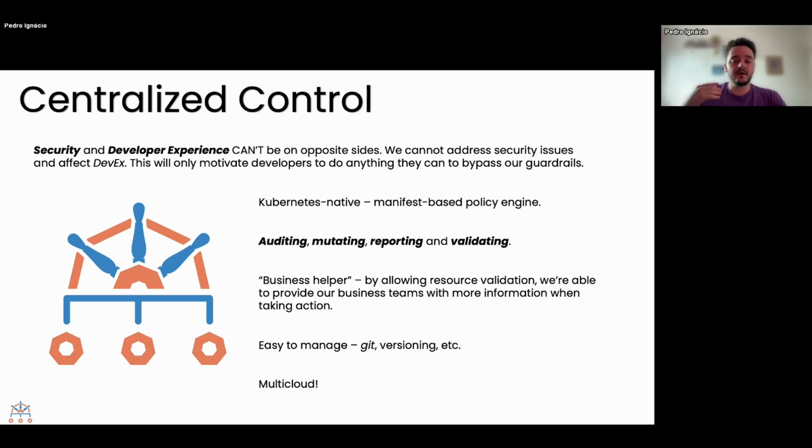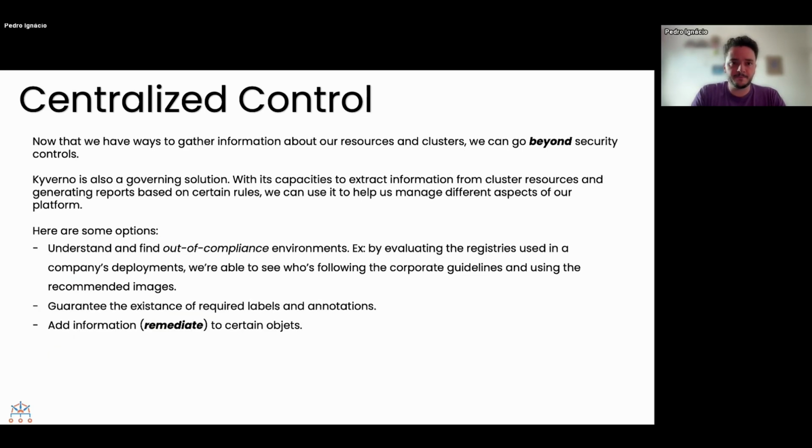So we don't actually care if you use AWS, Azure, Oracle, GCP, IBM, and so on. Once you use Kubernetes, an open source platform, we are able to apply the same policies onto our clusters and to guarantee the same standards between them. So this is pretty important, right?